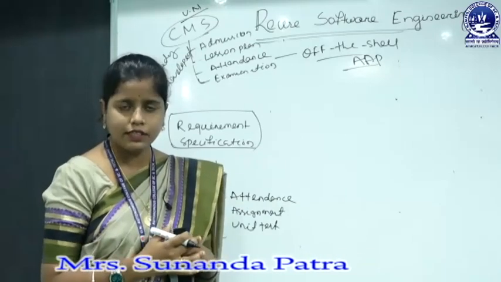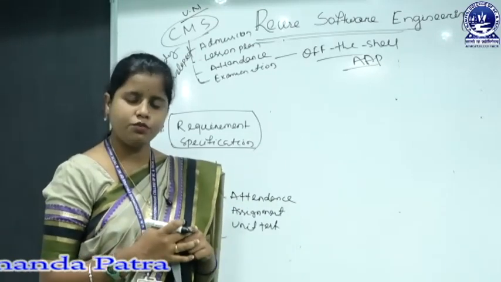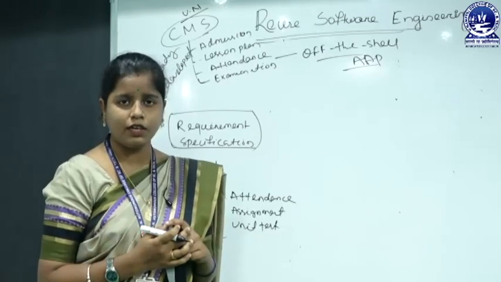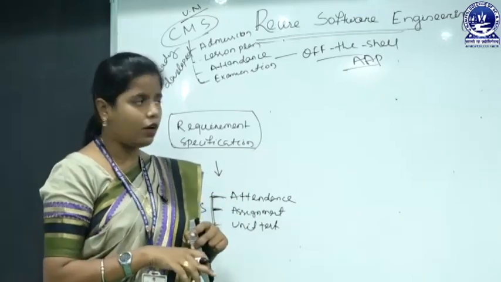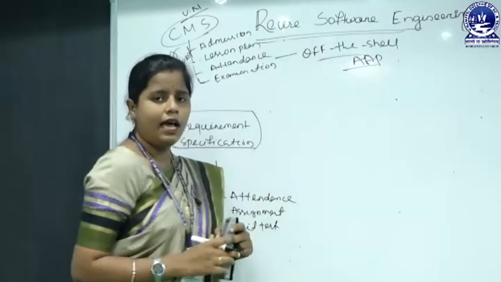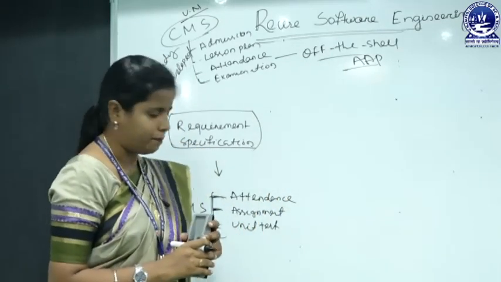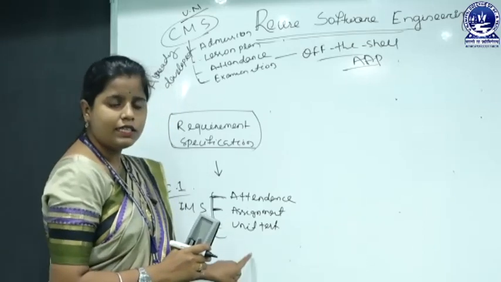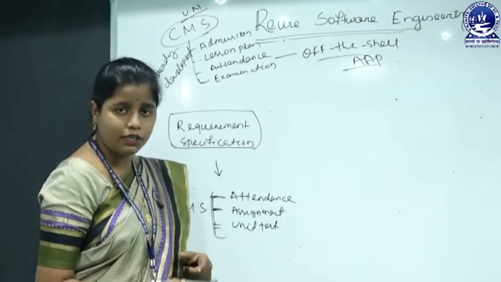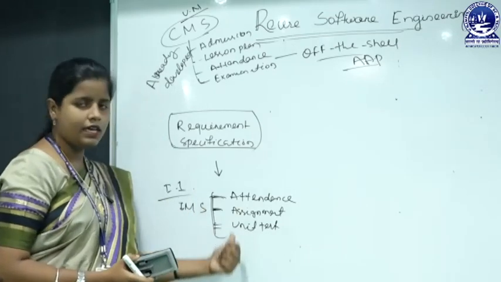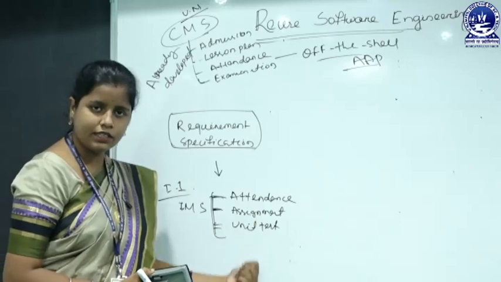We encounter them in our day to day life. So, we are developing a variety of software. That means whatever software we have already developed, those are the off the shelf applications. And this is the requirement we are now encountered with. We have to develop the IMS with these functionalities and with these services.